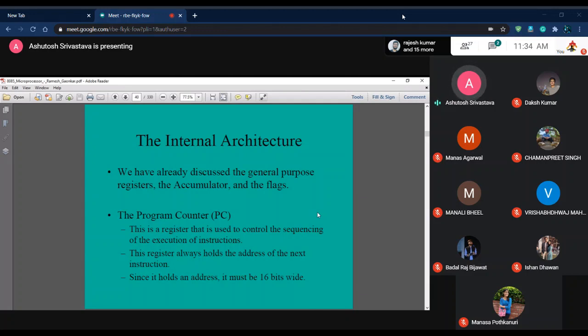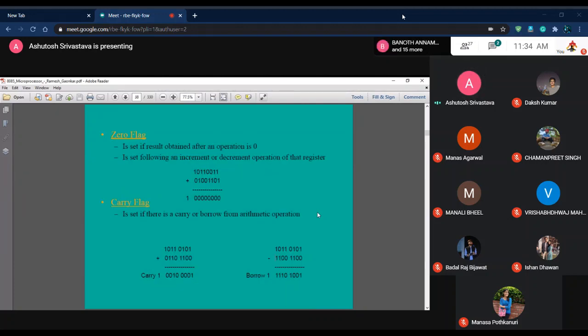So ALU is basically your arithmetic and logical operation unit, and within the CPU, it also constitutes your control unit as well as your general purpose registers. Remember, the address is always 16-bit wide.